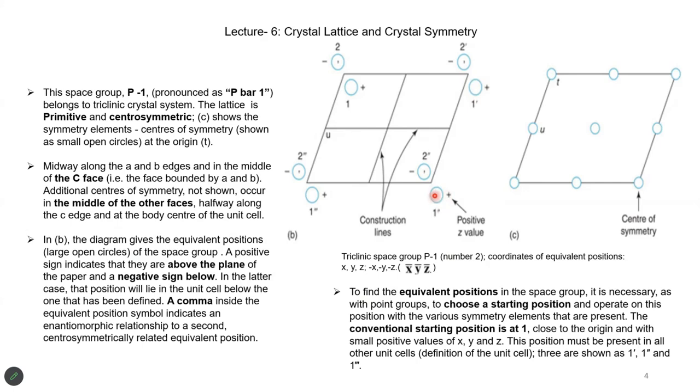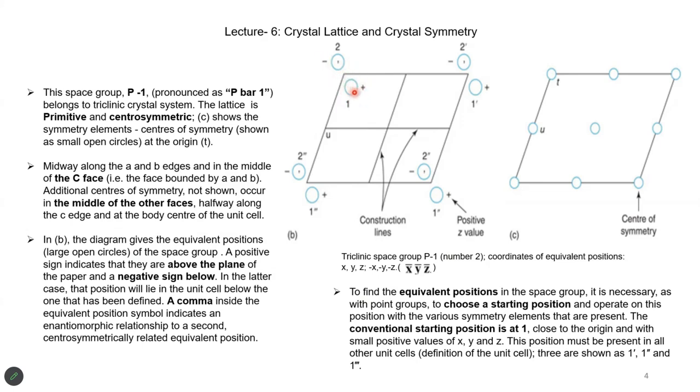Similarly, bar 2, 1 prime, and then 2 prime, and then 1, 3 prime. These are the positions created by the center of symmetry elements in the next unit cells of this space group. Well, we have seen that here we have one last negative point.